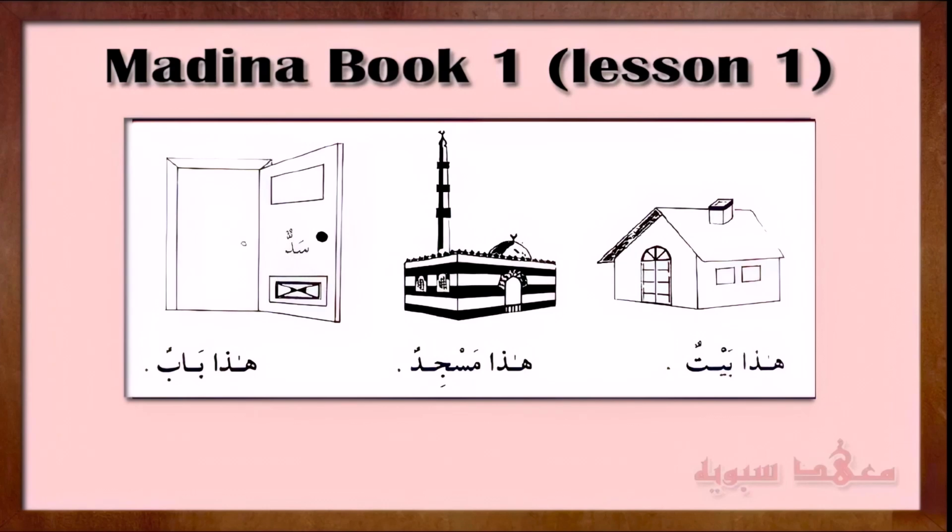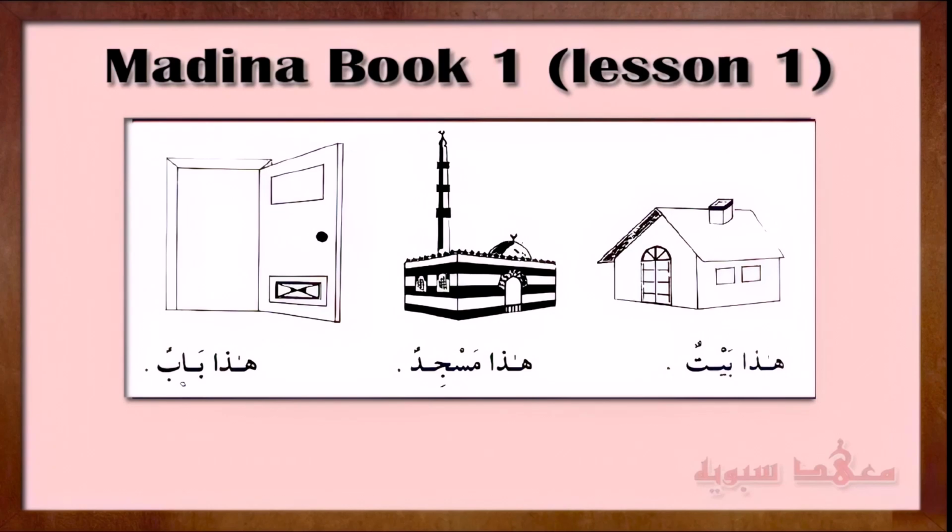Now, all these things that I mentioned, bayt, a house, masjid, mosque, or bab, these are all entities. Now, by default, entities are indefinite, for example the word rajul, a man, imra'atun, a woman, kalbun, a dog, and so on.